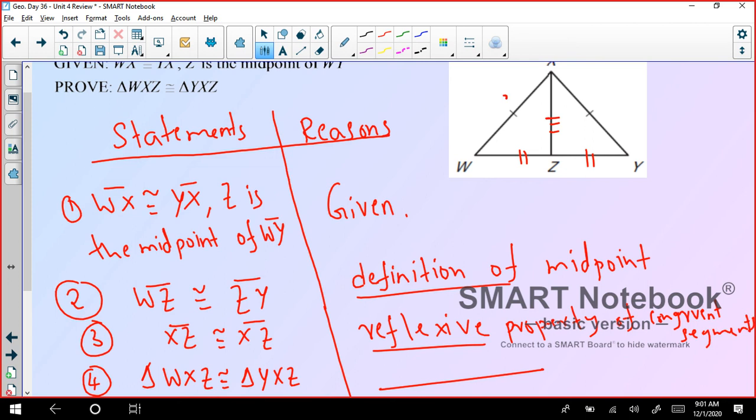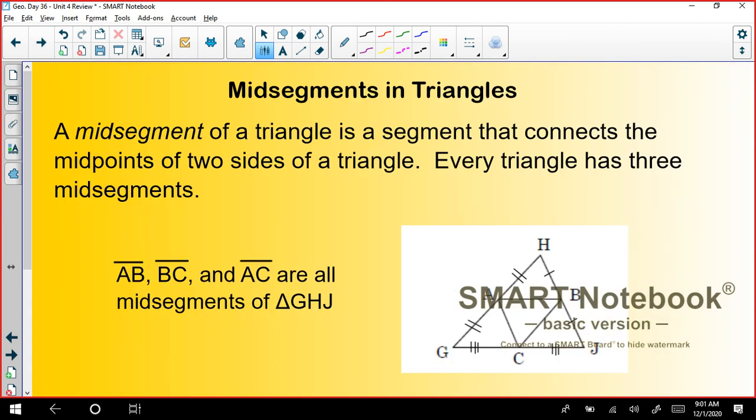And finally, you will have these two triangles congruent by SSS triangle congruency postulate. Okay. Let's see the next slide.